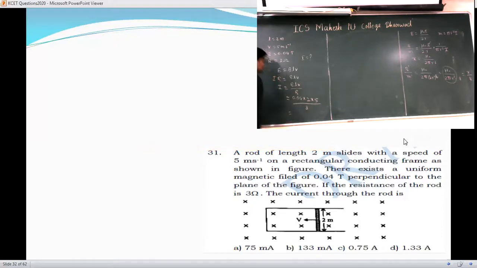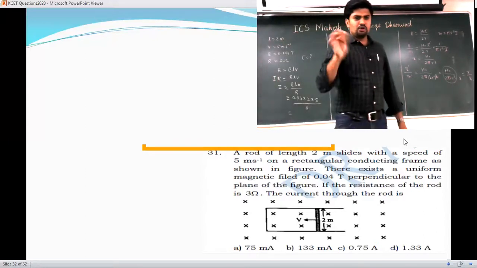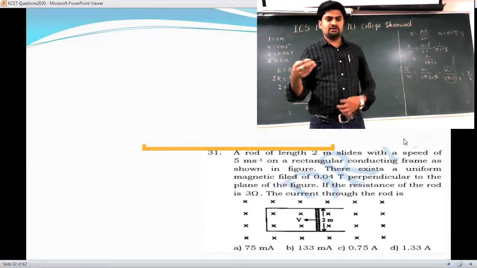So if you calculate this, this is 2 into 5, 10. So 10 into 0.04, this will be 0.4. So 0.4 divided by 3, it should be 1.33 something. When you see the options, it should be 1.33 in the digits.